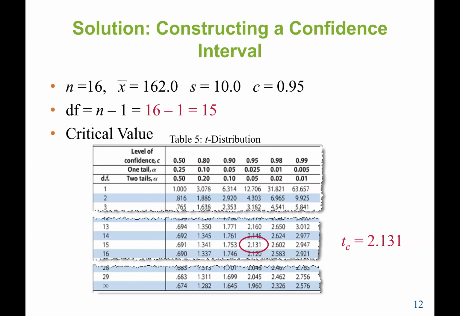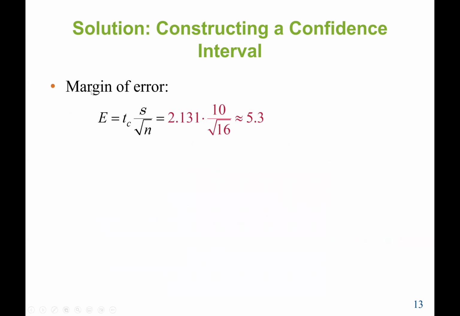If we know the TC, we can find the E. E is equal to TC times the sample standard deviation divided by the square root of the sample size. So it will be 2.131 times 10 divided by the square root of 16, which gives us approximately 5.3.